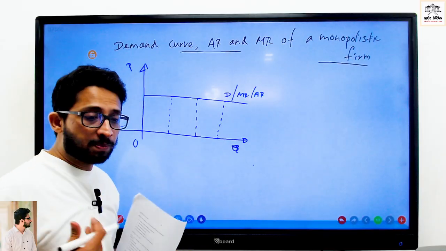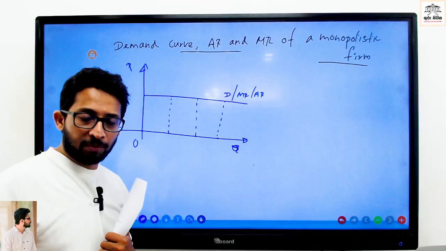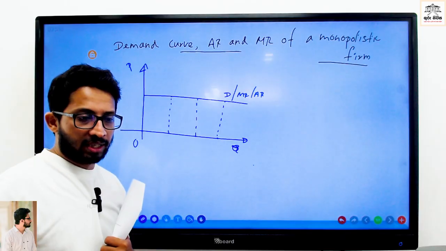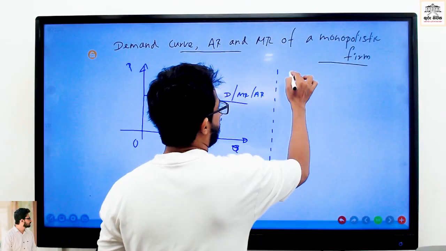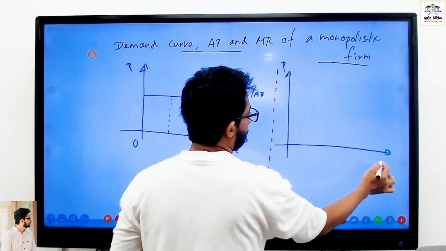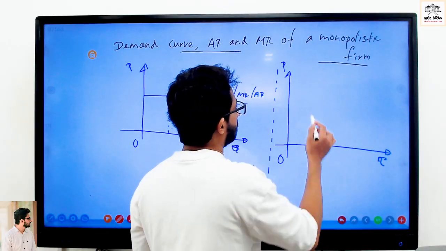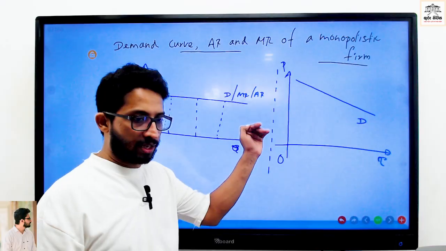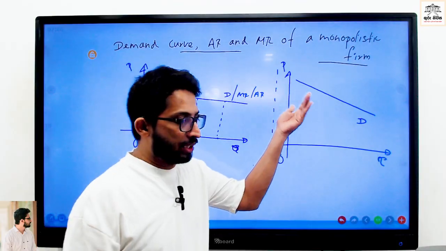If a firm is a price maker, if the firm has price making behavior, if the firm is able to set its own price for the product, that is called a price maker. If a firm is a price maker, the firm's demand curve is a normal downward sloping demand curve. Here, for a price taker, the demand curve is parallel, or we can say perfectly elastic.